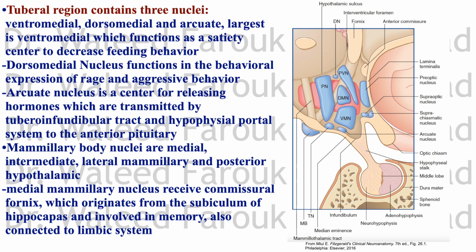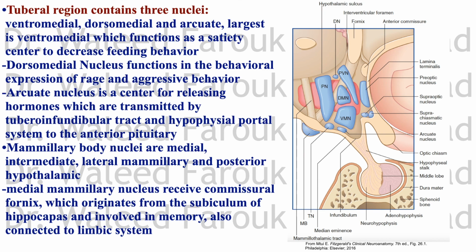Also, the dorsomedial nucleus functions in the behavioral expression of rage and aggressive behavior. It's responsible for this kind of behavior. The arcuate nucleus is a center for releasing hormones, which are transmitted by the tuberoinfundibular tract, as we mentioned before, and hypophyseal portal system to the anterior pituitary.